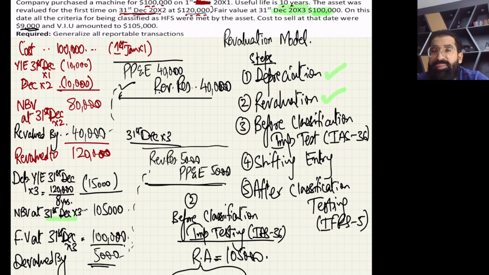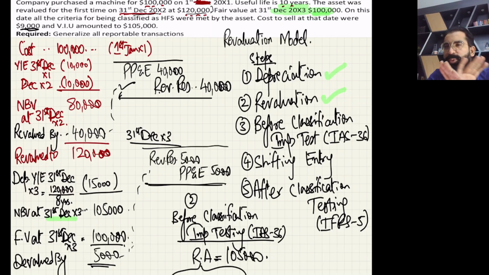Why? Because you have an existing revaluation reserve with you. So now the asset came down to 100,000.